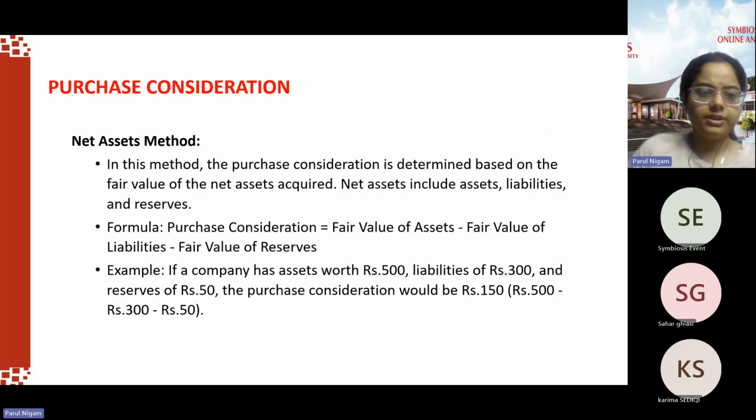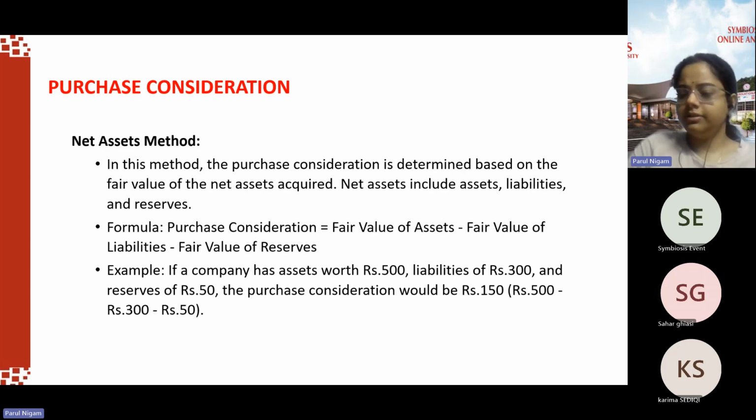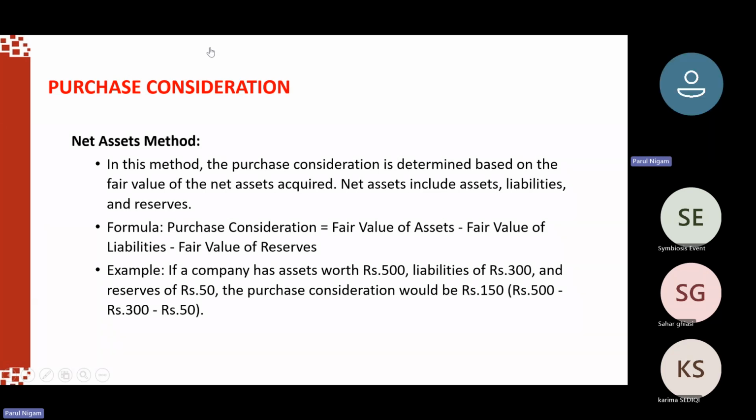So purchase consideration can be computed by various methods. There's the net assets method. In this method, the purchase consideration is determined based on the fair value of the net assets acquired. Okay. So net assets include assets, liabilities, and reserves.